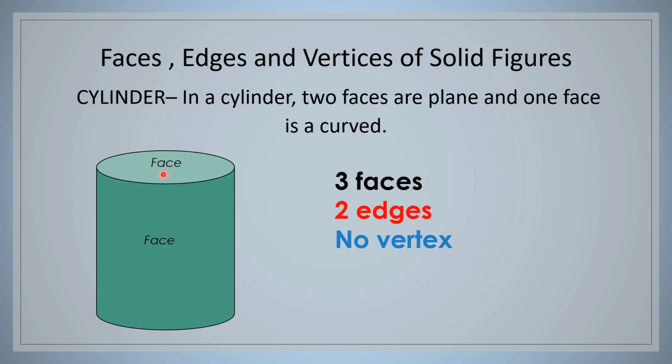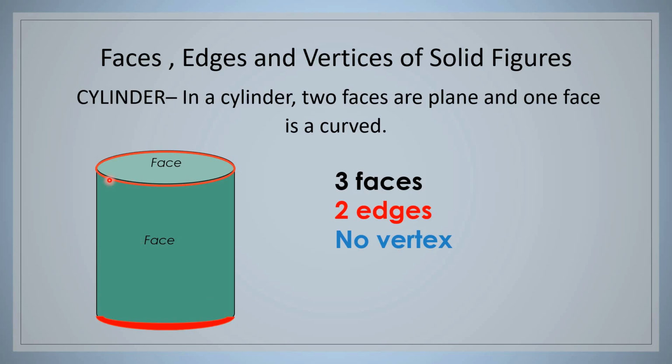So therefore in a cylinder, two faces are plane. One is this and the other one is behind, and one face is curved. That is this one on the top. So therefore there are three faces. Now how many edges? Two edges. This is one edge where two faces meet, and this is another edge. So therefore there are two edges and there is no vertex.